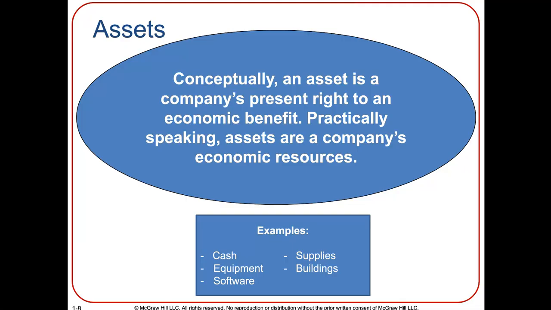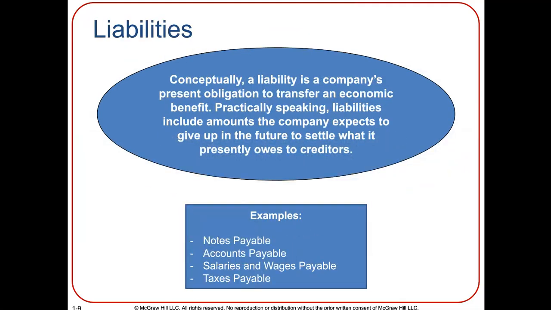And then we got things like buildings, right? We got a building. We've got overhead projectors. We've got computers. We've got tables, chairs, right? Things like that. So assets, just things that retain value and are used over time. All right. Then we've got things like liabilities.